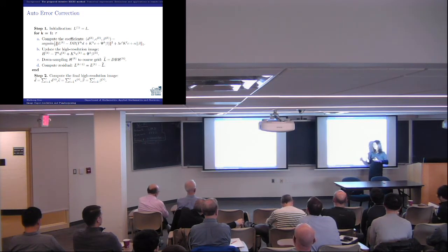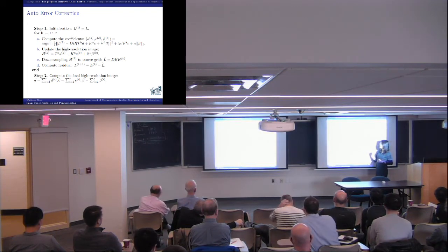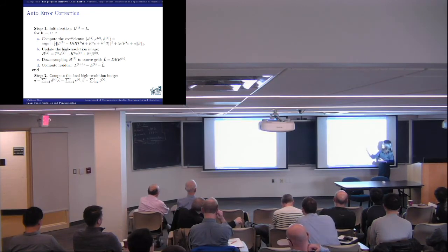But this is not the end of the story, because this might not be 100% good yet. So what we're going to do is mimic the downsampling and the blurring operator to create something which is low resolution. Start from this, which is something you think is a candidate for the high resolution image, and do blurring and downsampling to obtain a low resolution image.